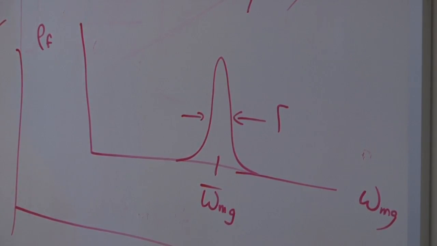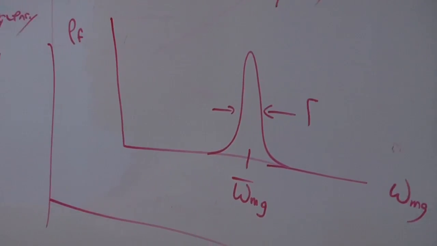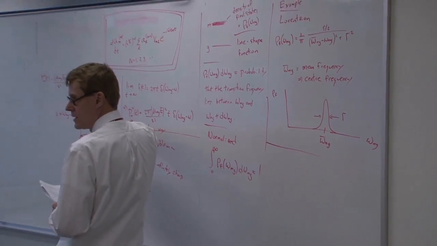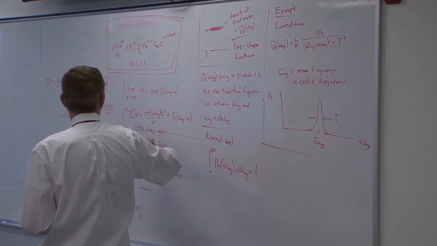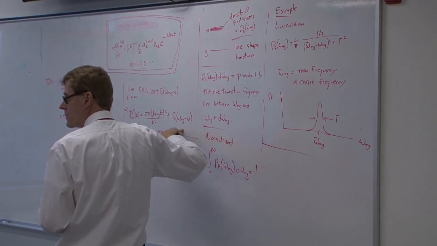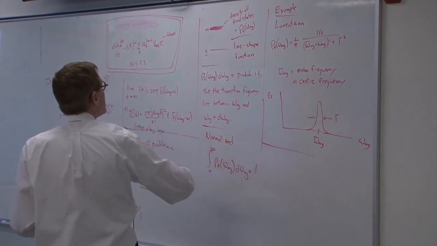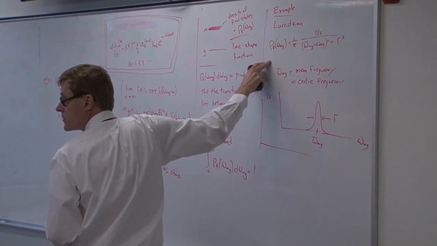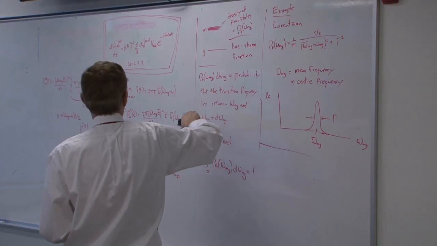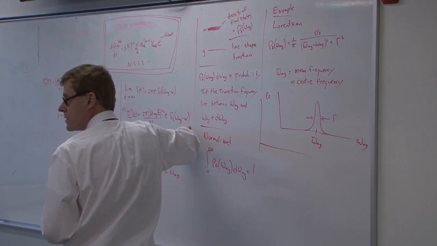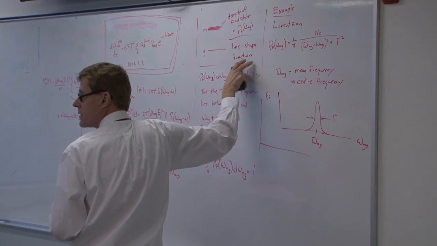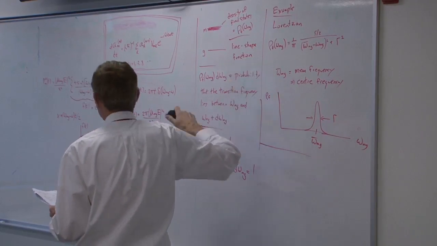Okay, so now what do we do? Well, this is the probability to be in the upper level if the transition frequency were omega mg. But we actually have a distribution of transition frequencies. So all that we have to do is average this result over the various possibilities for the transition frequency.